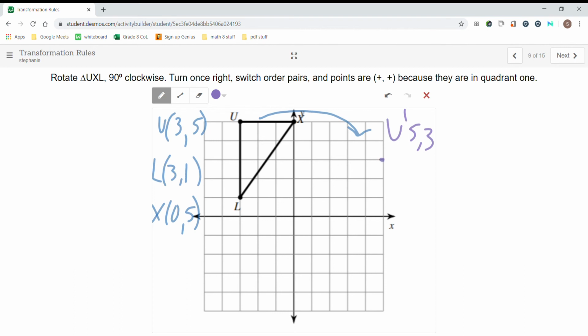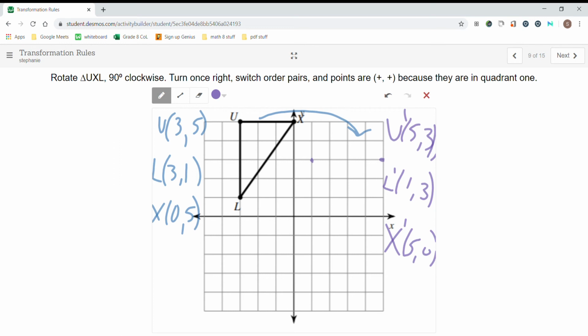L was 3, 1. L prime is going to be 1, 3. So I'm going to go over 1, up 3, 1, 2, 3, put a point. X prime was 0, 5. It's now going to be 5, 0.